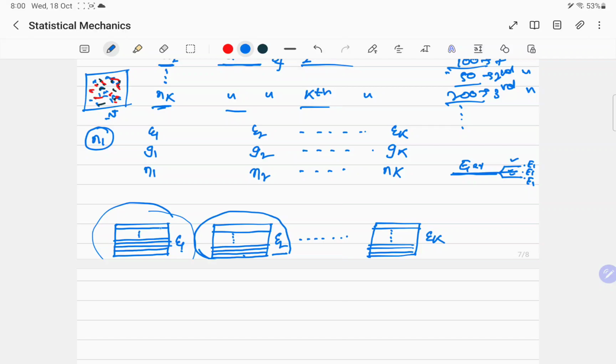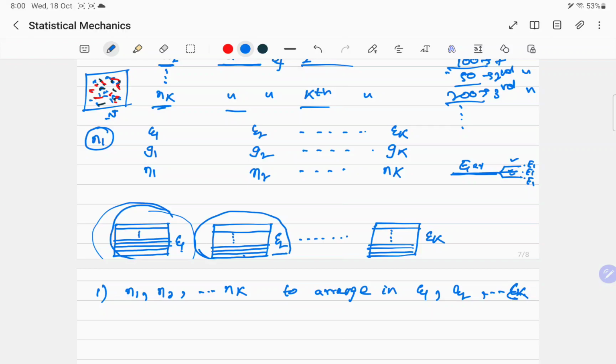Now I have taken n1 particles from these n particles and arranged them in this box. As there are g1 sublevels, once the first arrangement is done, our next task is to arrange those n1 particles in these g1 levels. The first goal was to arrange n1, n2, nk particles of the same kind in the epsilon 1 box, epsilon 2 box, epsilon k box.